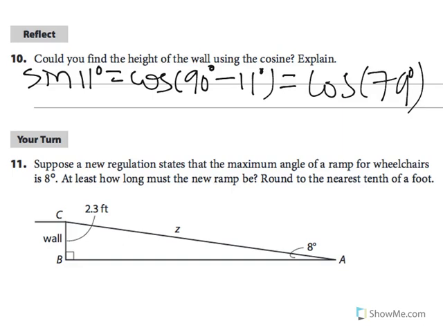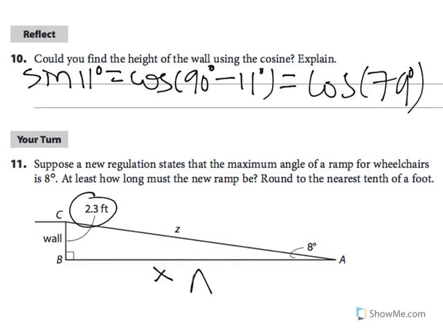Okay, let's try number 11. Suppose a new regulation states that the maximum angle of a ramp for wheelchairs is 8 degrees. At least, how long must the new ramp be? Round to the nearest tenth of a foot. So we're looking for this part, and we're given that's the wall.